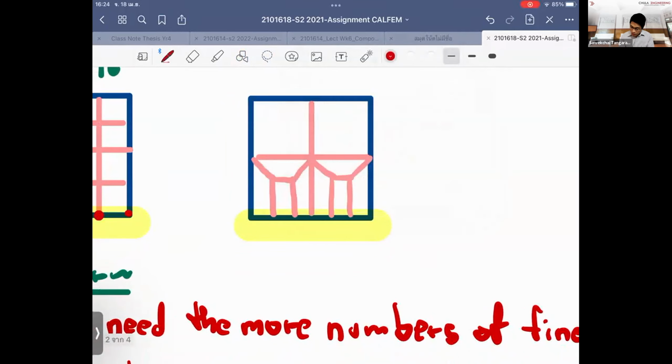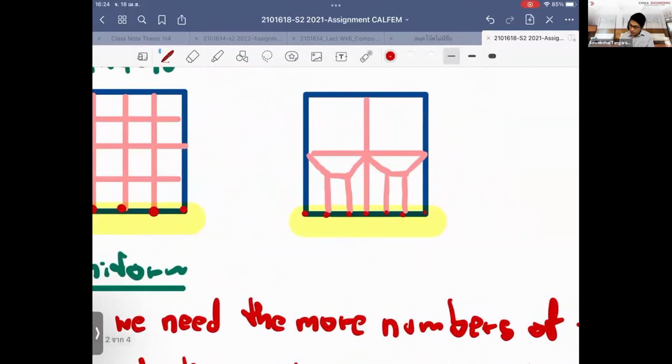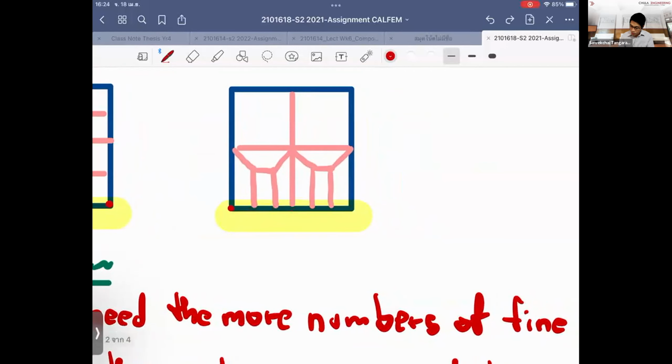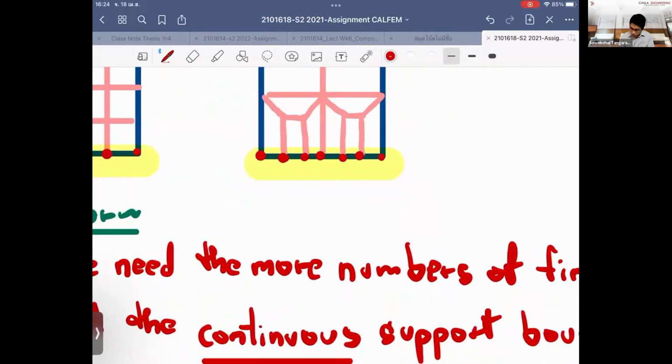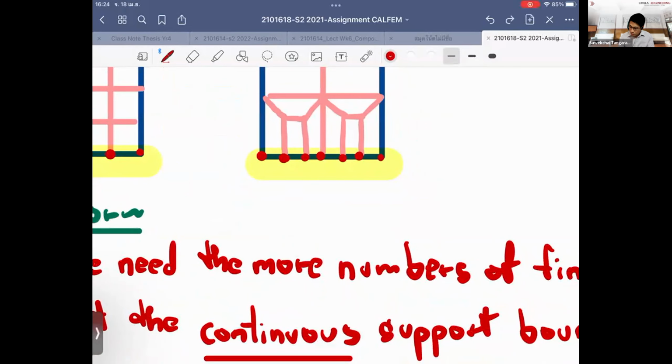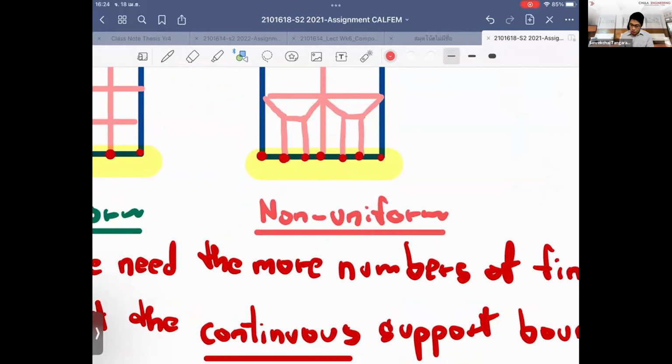I could obtain more restraint points at the bottom. At the bottom, I just see how many restraint points I have if I have the uniform mesh. In this case, at the bottom here, this is a non-uniform mesh.